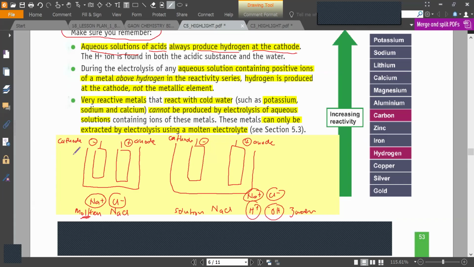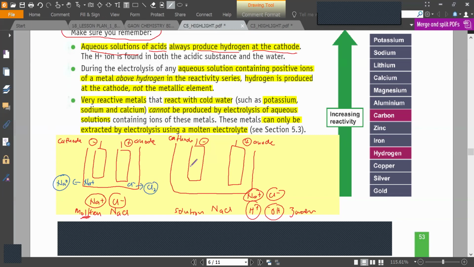Now, the sodium plus will come to the cathode, and the chloride will come to the anode. So you get the product sodium metal and chlorine gas.